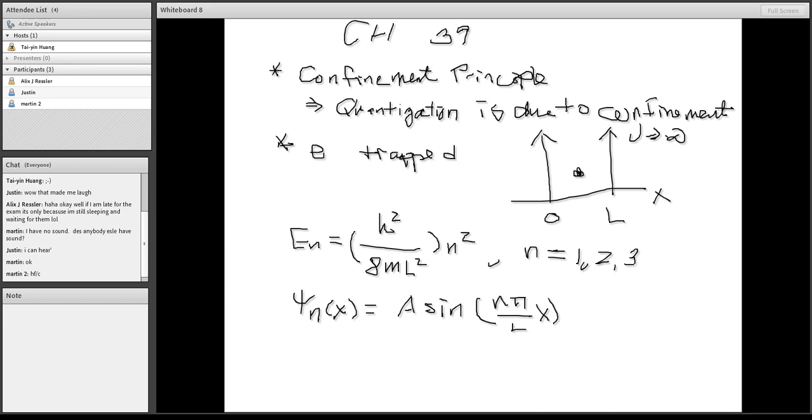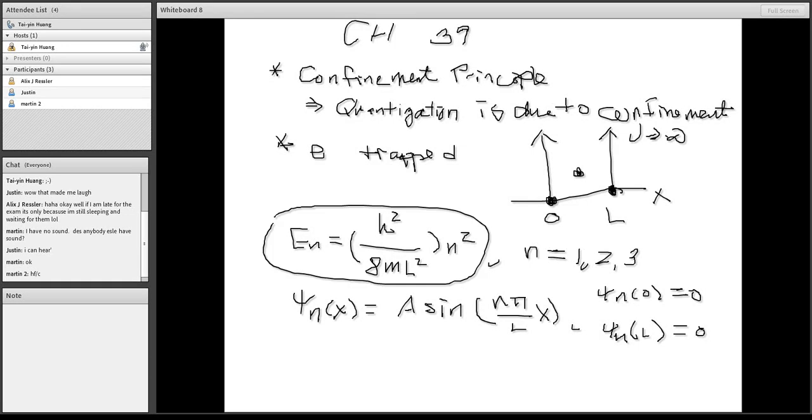Also, what we know here is that the boundary condition is that the wave function at 0 and the wave function at L has no value. In other words, the wave function when x is equal to 0 is 0, and when x is equal to L is also 0. This is when you're dealing with an infinite potential well. Okay, and you have the energy of the electron that behaves like this, and the wave function is this.